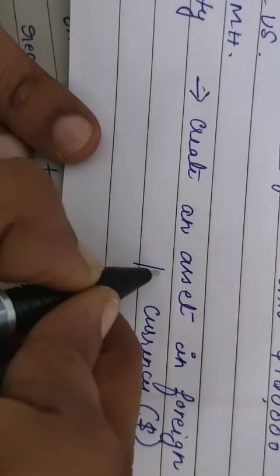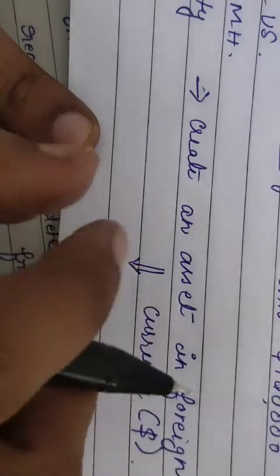So as I explained, creating an asset means depositing money in the US.